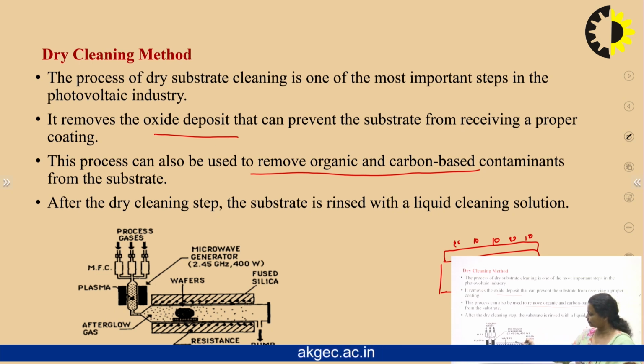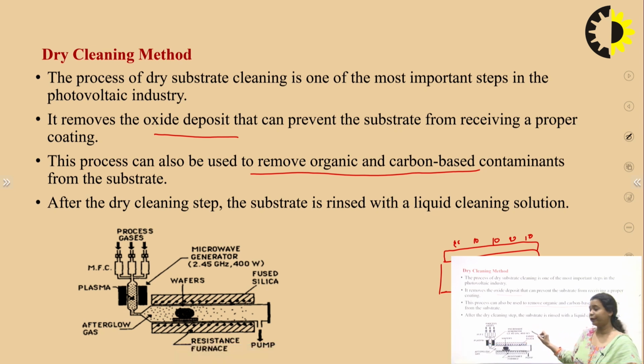In this, the wafer is used and the gases act on it, and then the wafer gets cleaned up. This process happens using a microwave generator, which is working at a frequency of 2.45 gigahertz and around 400 watt power. So this is basically the dry cleaning method.